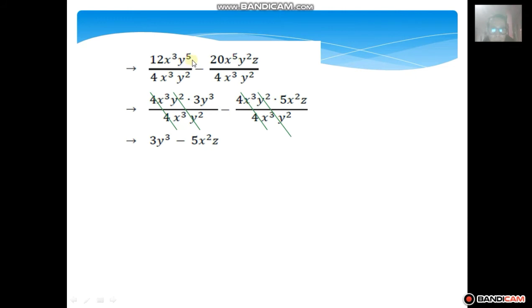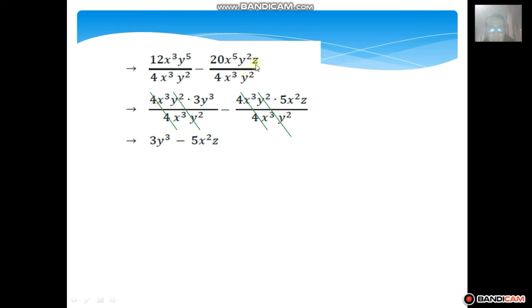Then y raised to 5, we need to factor this out. The factors are y raised to 2, then y raised to 3. Then in the other term, we have x raised to 5, so we need to factor this out. The factors are x cubed and x squared. Then y squared, we do not need to factor this out.